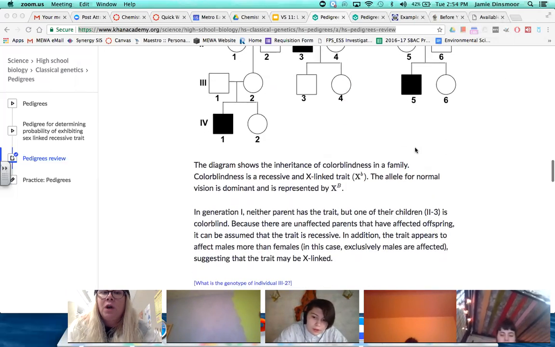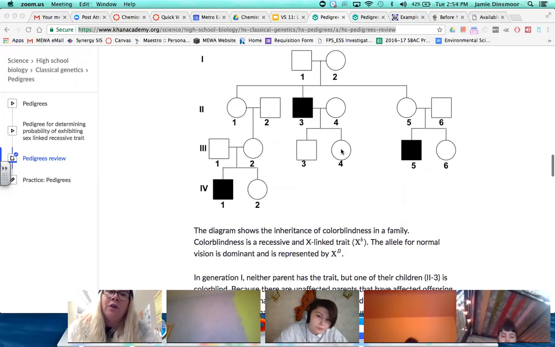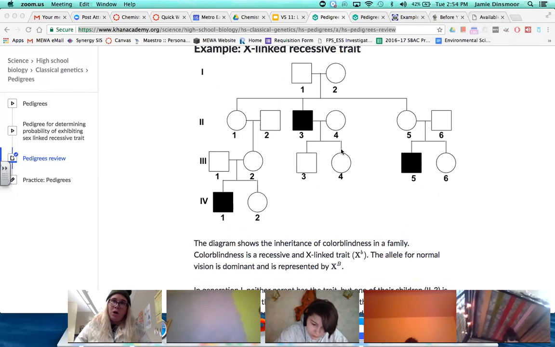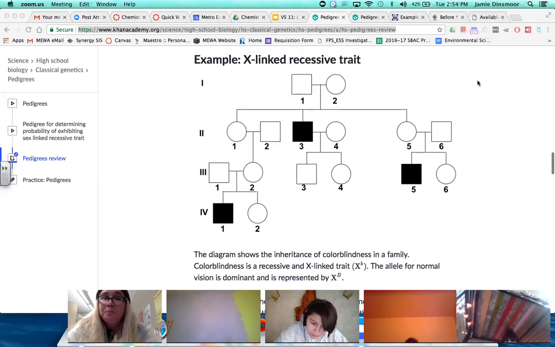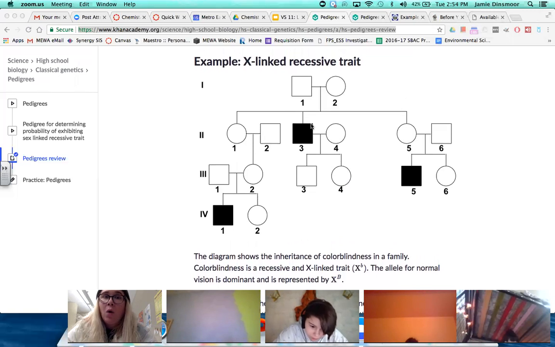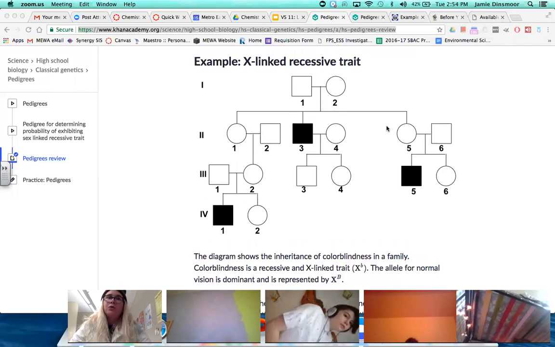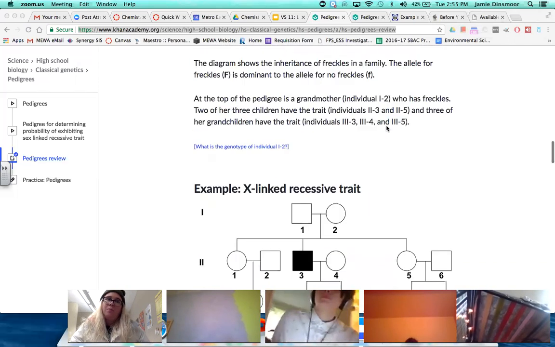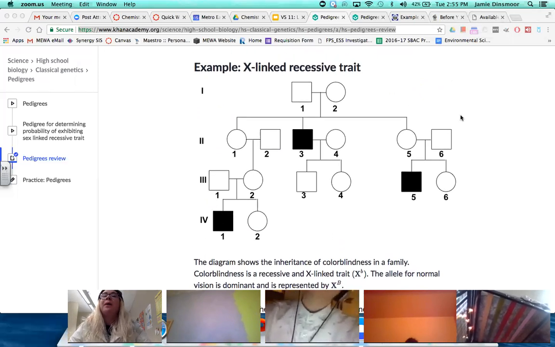Okay, so this one is actually showing color blindness, which is another very common X-linked recessive trait, right? Hemophilia is a good example. Color blindness is another good example. So here, what we're going to do is we're going to look to see kind of the patterns. So straight up, just looking at this pedigree versus the other pedigree, what are you noticing about this pedigree?